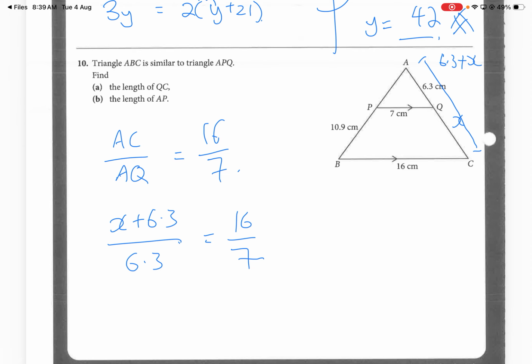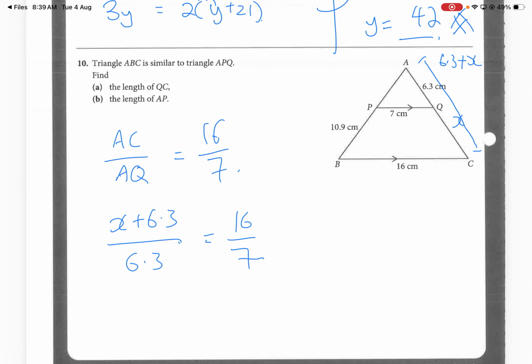This question is one of the most difficult similarity questions that can come out. Okay? So, let us go through again. Triangle ABC is similar to triangle APQ.